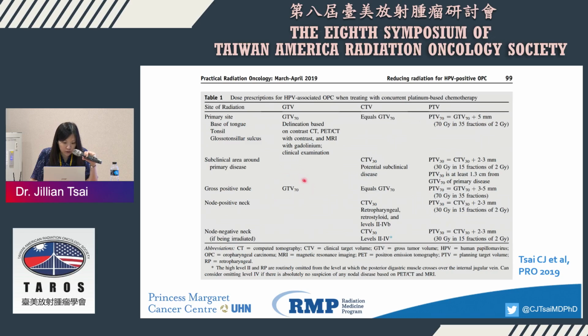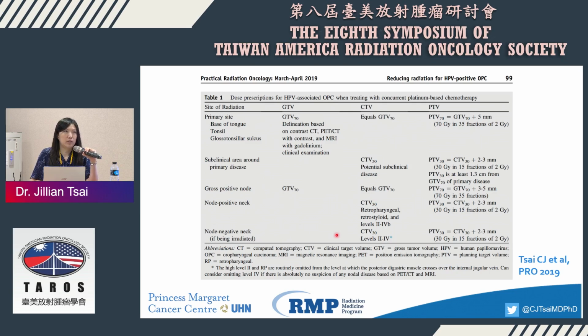Then for gross lymph node, the same, GTV 70, no CTV 70, and then GTV plus 3 to 5 millimeter expansion to PTV. That decreases the extent of the 70 gray by using daily imaging to make sure the setup is correct. For CTV 30, it's just everywhere else that you would normally cover.